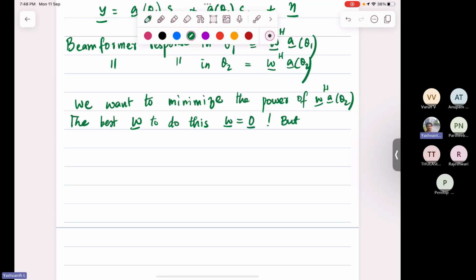But this will also minimize the response in the desired direction.